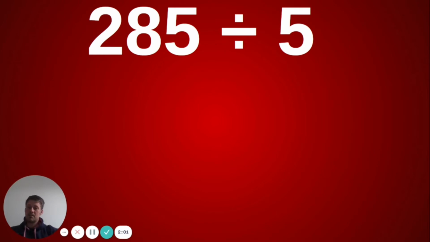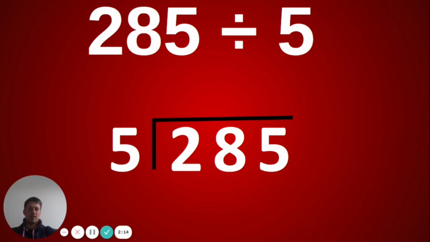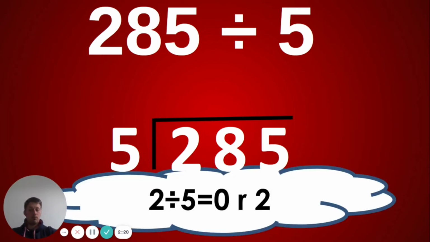Same thing again. Now we're going to look at how many groups of 5 we can make if we have 285. So we write our number, put our bus stop frame around it, and on the outside of the frame, put the number that we are dividing it by. So same thing. How many groups of 5 can we make if we've got 2? We can't make any groups of 5 if we've only got 2.